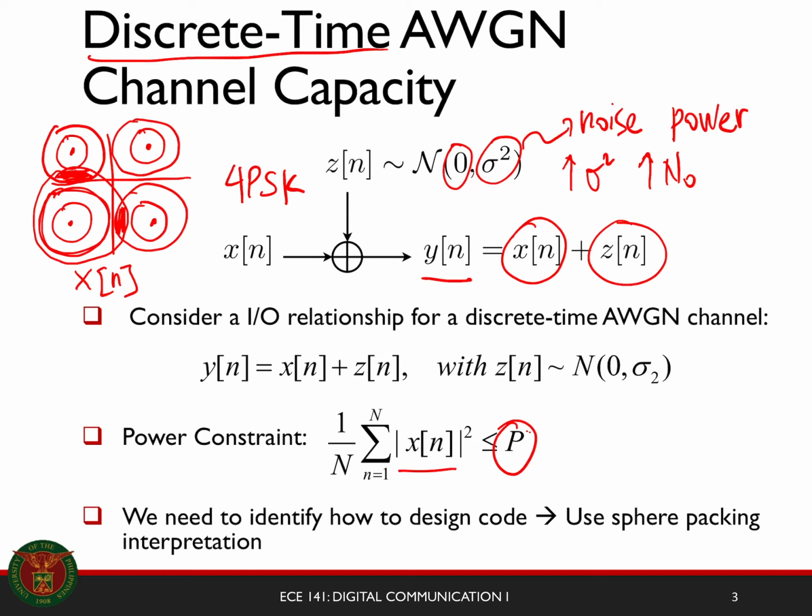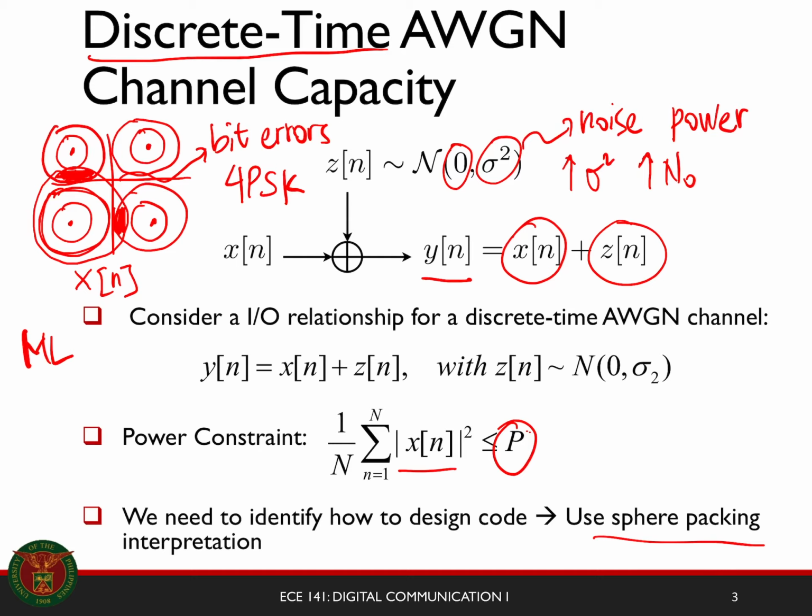Let's say we're using the maximum likelihood decision rule. Then this circle crossing that boundary entails some form of bit errors. This is what we call the sphere packing method to determine if we have errors.